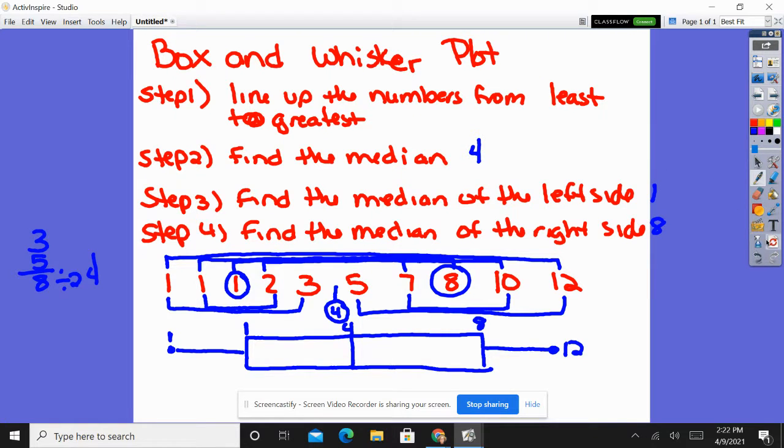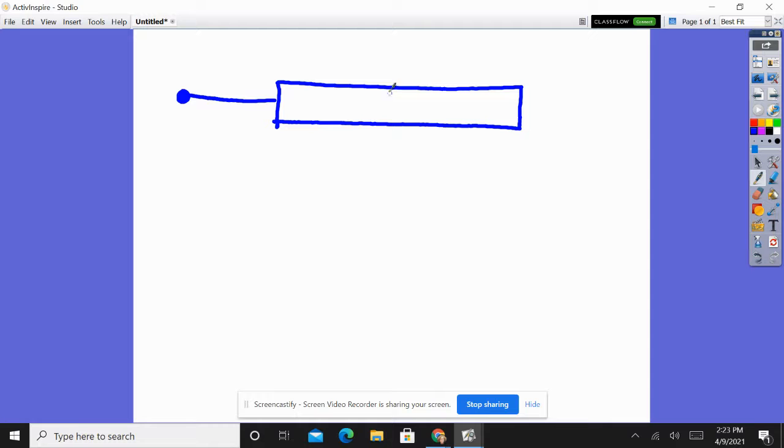So we're going to try it again. Now, what we're going to do is look at the box and whisker plot and talk about what the numbers mean. In this box and whisker, I told you we had a box, right? And we have a whisker.